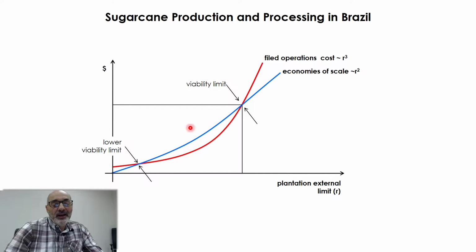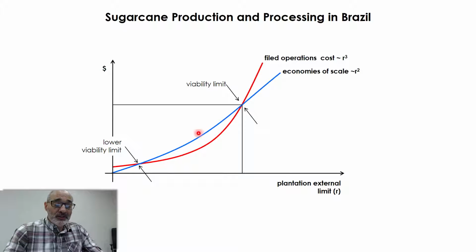Those limits are defined, or this range of viability is defined, when you have more revenues than expenses, so your operation is profitable. This is a very important concept because, you see, scale is everything. You have to set your project within this viability limit.